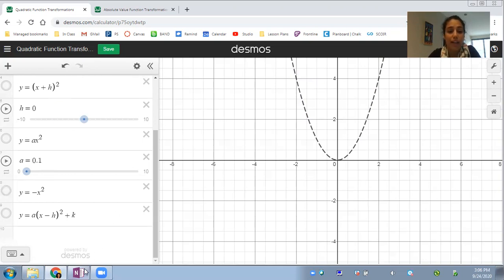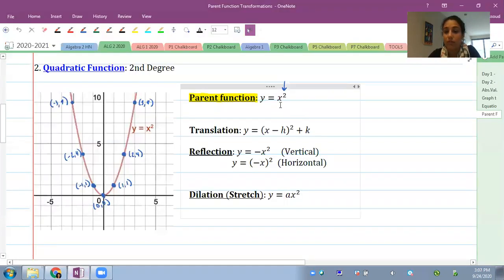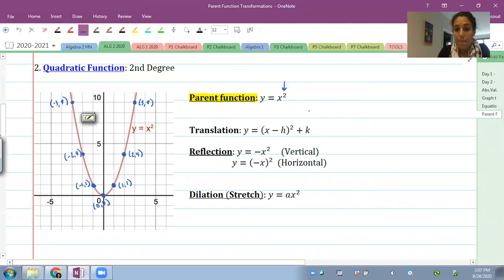So let's go back and define them again. So we have k, which was our first one. It moves it up and down. This is called a vertical shift.